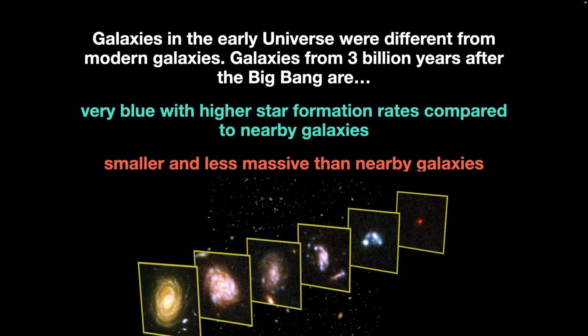So we may be seeing seeds of quote unquote adult galaxies. And on your screen here, this is what galaxies tend to look like at different look back times. And you can see earlier in the universe's history, which is this area here, these galaxies look very different from the galaxies in more modern times.